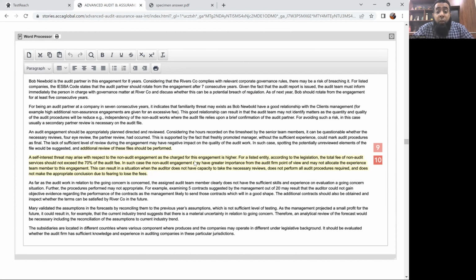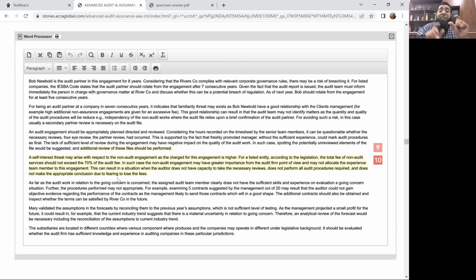In such a case, the non-audit engagement may have greater importance from the audit firm's point of view and may not allocate experienced team members to this engagement. This can result in a situation where the auditor does not have the capacity to take the necessary reviews, does not perform all procedures required, and does not make the appropriate conclusions due to fear of losing the fees.